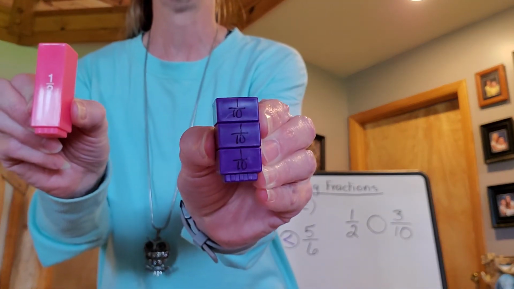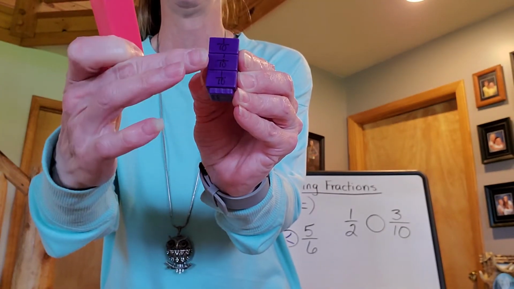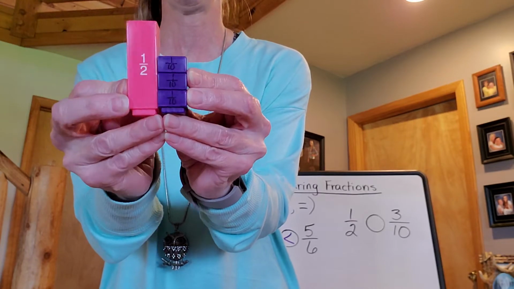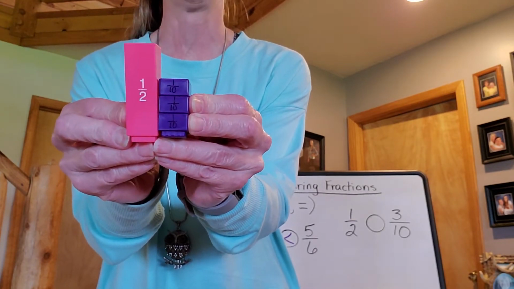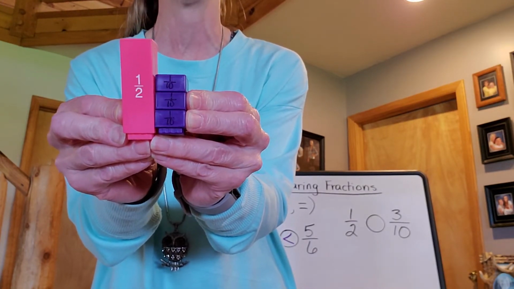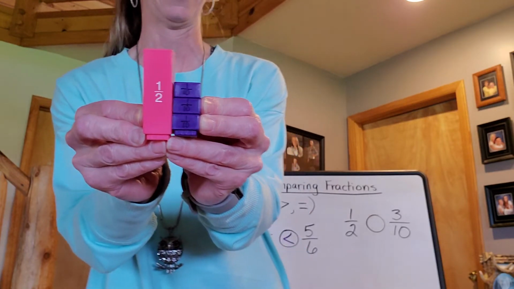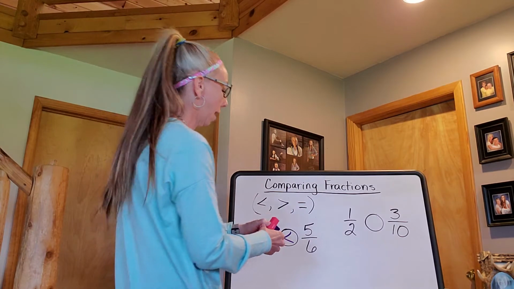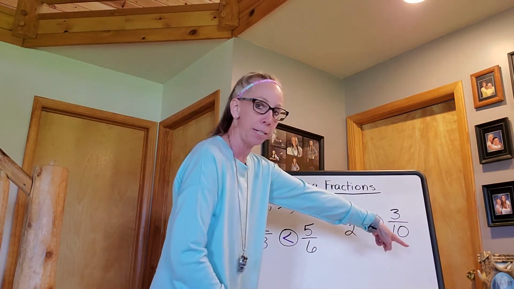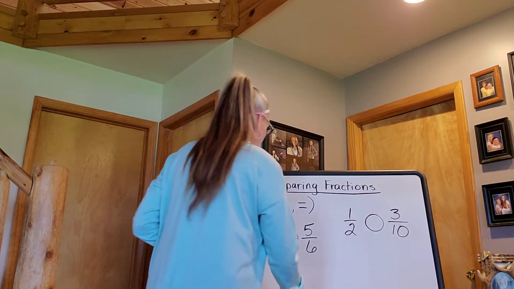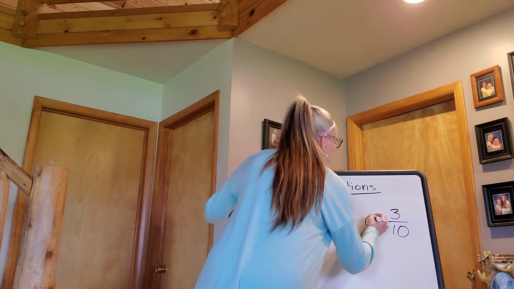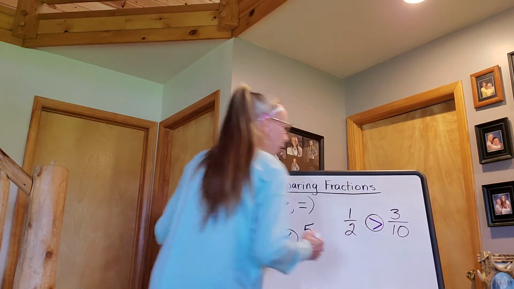It's harder to see those, but there are 3/10. 1, 2, 3. So if we put them side by side, you can see that 1/2 is larger or greater than 3/10. So then we know which sign has to go in the circle. 1/2 is what compared to 3/10? Greater than. That's right. So we're going to put greater than in the circle.